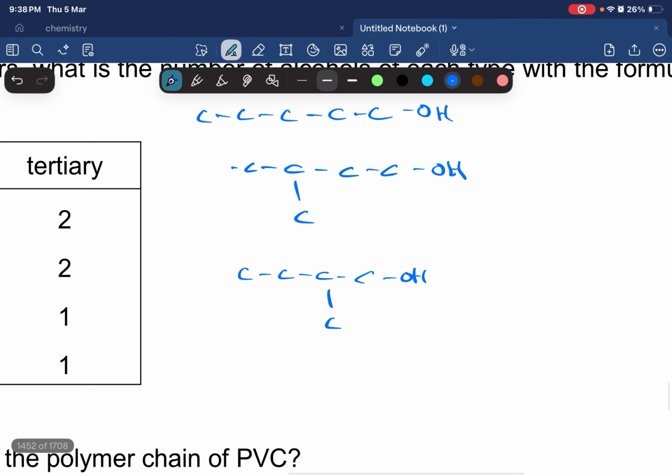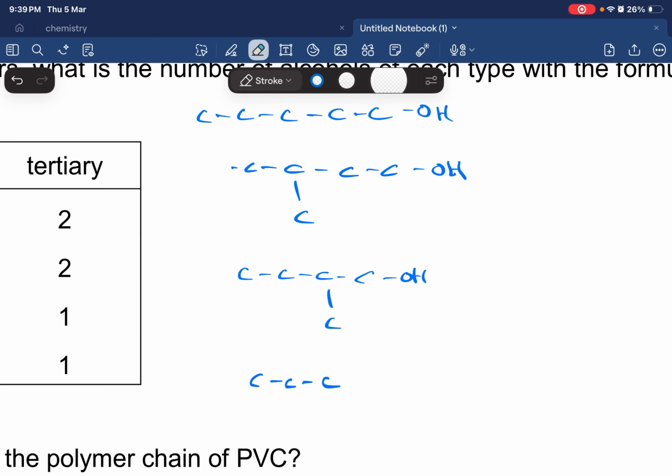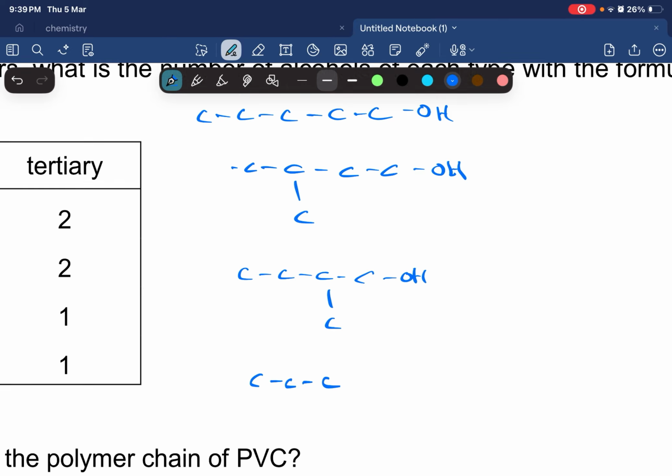Then carbon, carbon, carbon, carbon, carbon, 1, 2, 3, 4, 5.